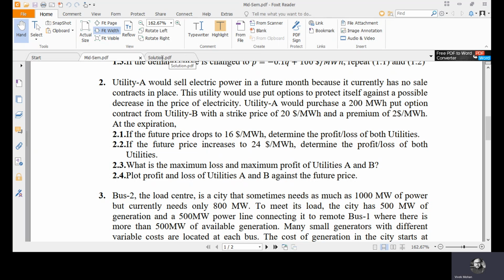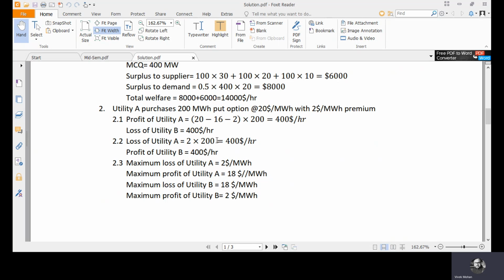So now if he doesn't exercise it, his only loss is with the premium, and $2 is the premium. So for 200, 2 into 200, $400 per hour is the premium lost. I mean the total amount lost in terms of the premium. So the loss of utility A is 400, and this amount is received by utility B. So the profit of utility B is 400.